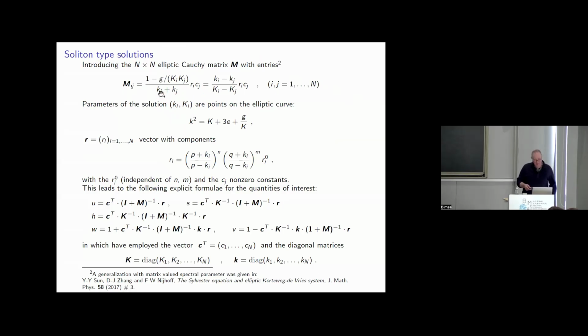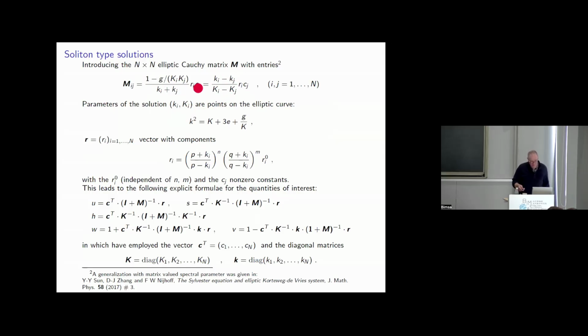This Cauchy matrix can also be written in terms of uniformizing variables, and then it can be expressed in terms of this. Yesterday, in a talk, it was called the Kronecker function. I sometimes call it the Baker function, and then you can express this Cauchy matrix in terms of uniformizing variables, which, by using the curve relation, will also be related in this way.